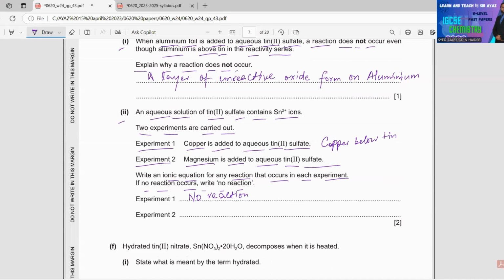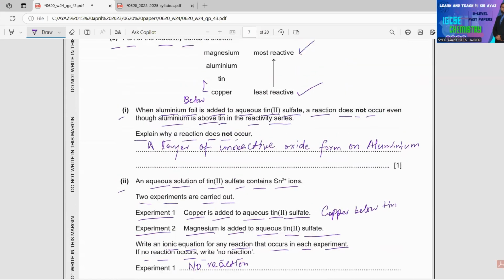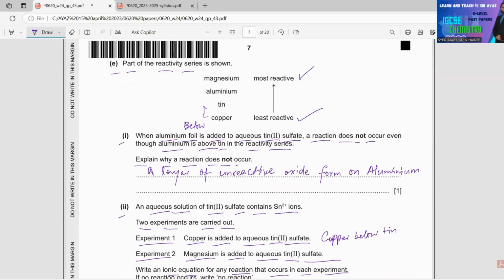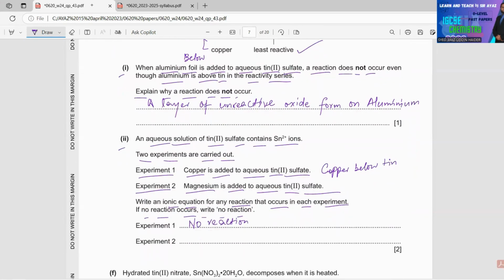Experiment 2. Magnesium is added to aqueous tin(II) sulfate. Magnesium is above tin, so definitely this reaction is going to happen, and they are expecting us to write the ionic equation.